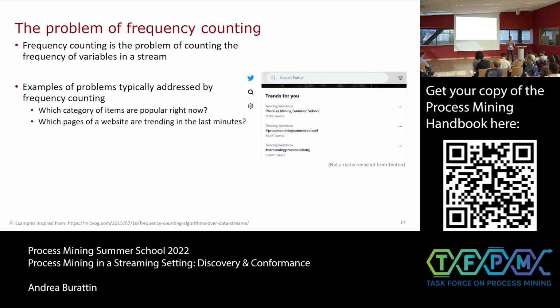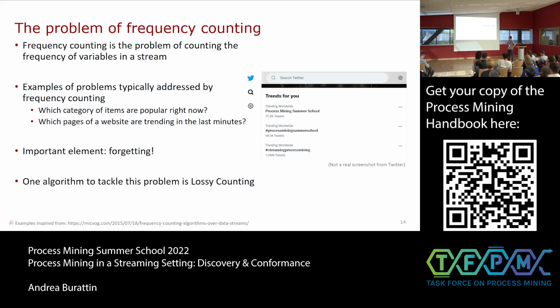They want to see what are the topics or the hashtags that are the most used over the most recent amount of time. So it's not the absolute counting of those hashtags, but the counting in the recent history. You see immediately that it's super important to keep the forgetting. The forgetting is typically the key part in streaming settings. You don't want the absolute count, but you want to forget old information.